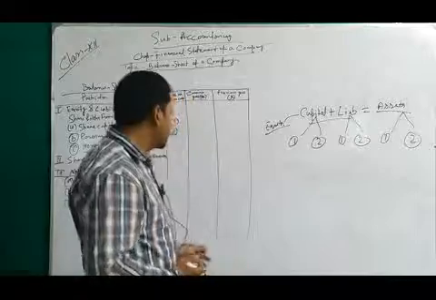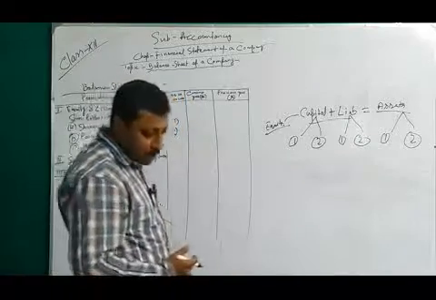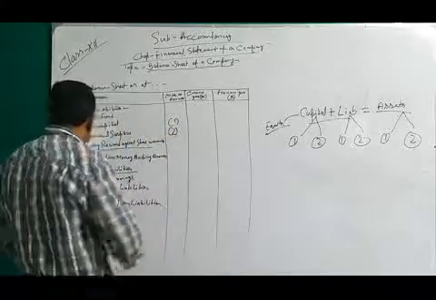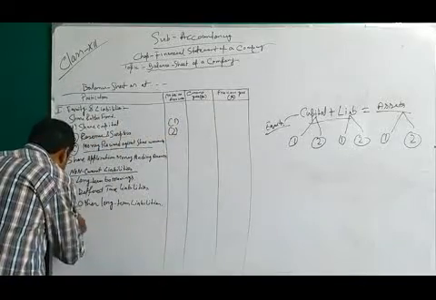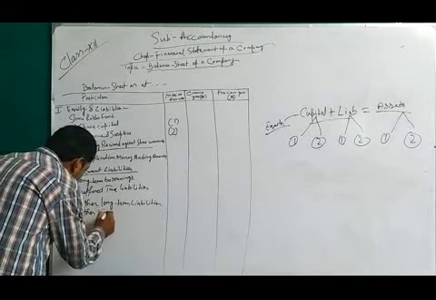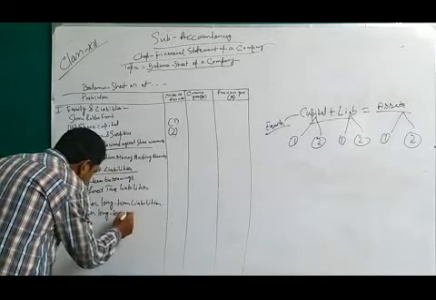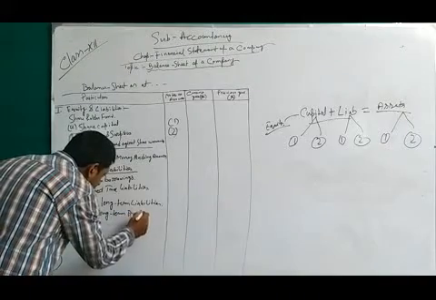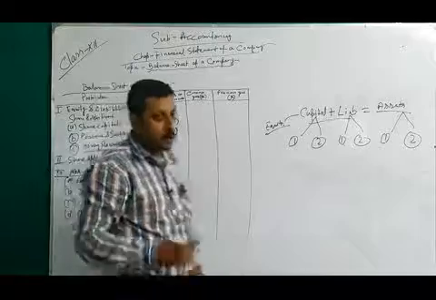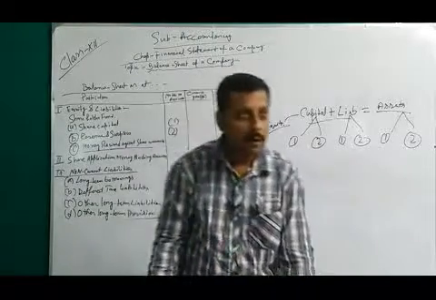This is one example, there are other examples also. Now come to point number D, other long-term provisions. What is an example of other long-term provisions? There are lots of provisions made by an organization.